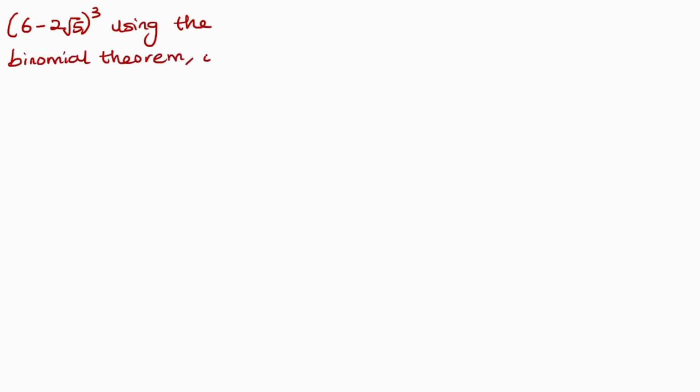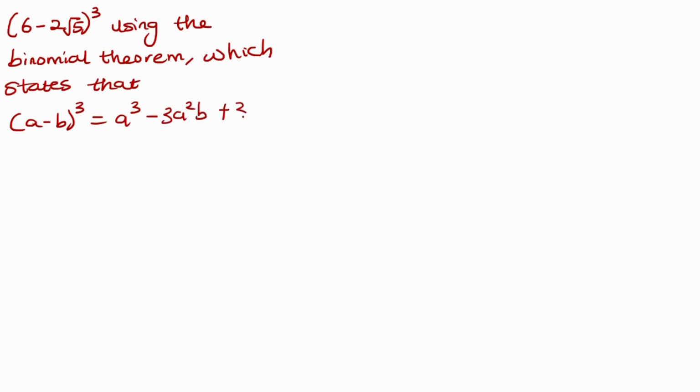The binomial theorem states that if we have a minus b all cubed, this is equal to a cubed minus 3a squared b plus 3ab squared minus b cubed. Now this is what the binomial theorem states. Okay, so we have this right here. So let's simply input this into this.